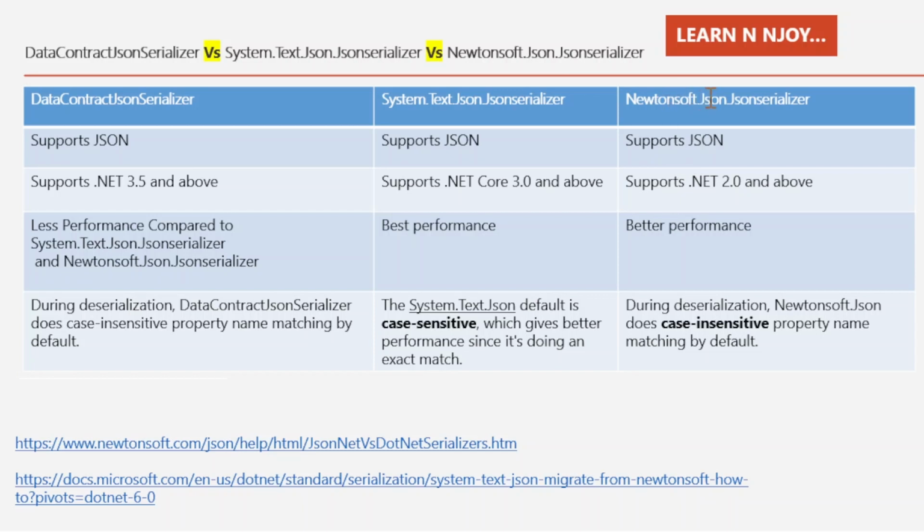Whereas Newtonsoft.Json.JsonSerializer supports .NET 2.0 and above versions. So whenever we are going to use a JSON serializer, we need to see which .NET version our project currently uses, and based on that we can choose which JSON serialization and deserialization techniques can be applied.